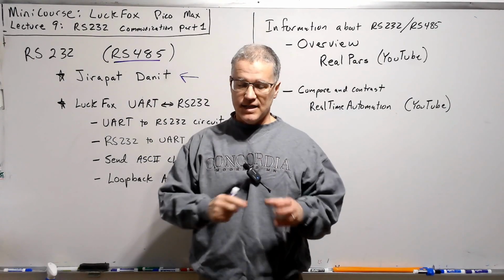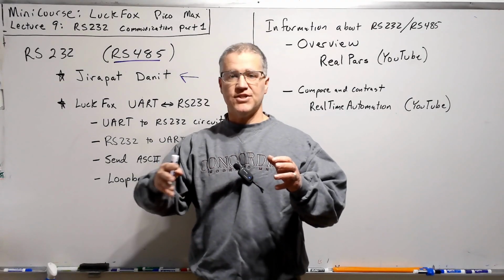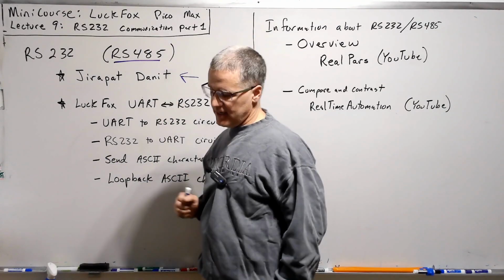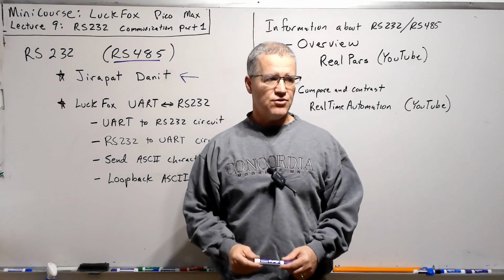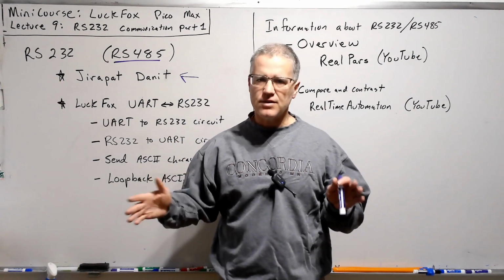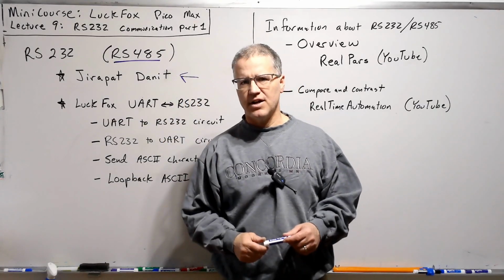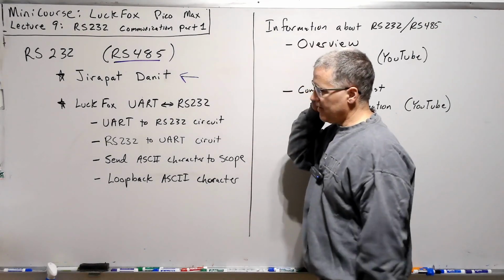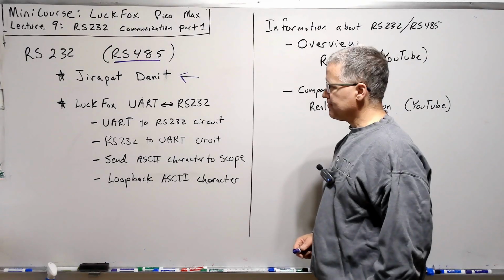It allows for multiple devices to be connected to the same bus line, and it allows for much longer cables. I think RS232 has a limit of roughly 50 feet, and RS485 I think can go 1,000 feet or something like that. So if you have to extend much further away from your device, you would use that.